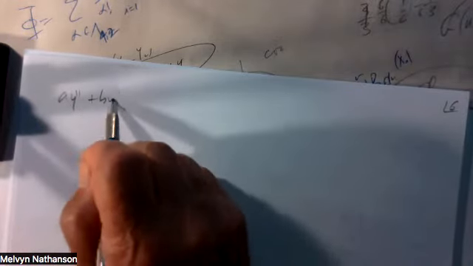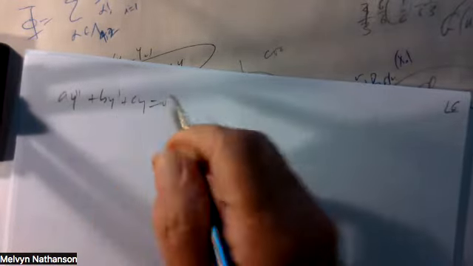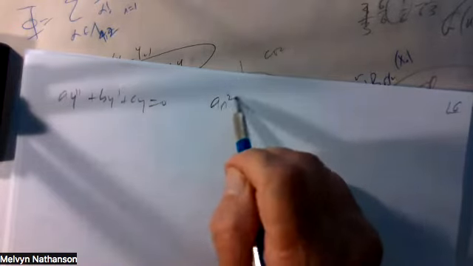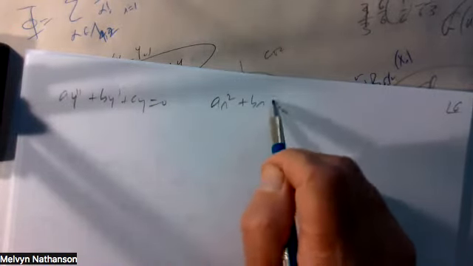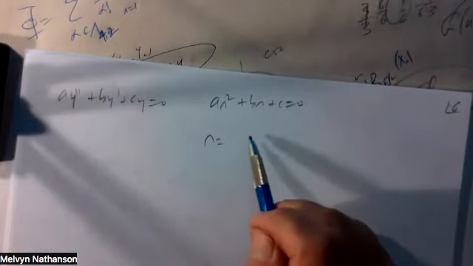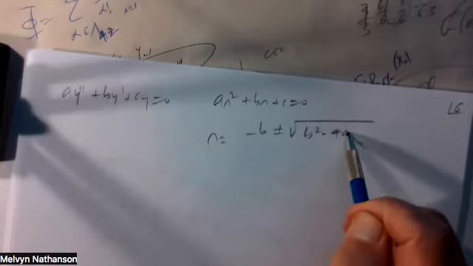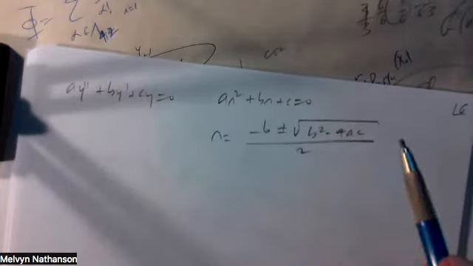So let's look at the third and last case. We have the differential equation a y double prime plus b y prime plus c y equals 0. The characteristic equation is ar squared plus br plus c equals 0. And the general solution is r equals minus b plus or minus the square root of b squared minus 4ac over 2.